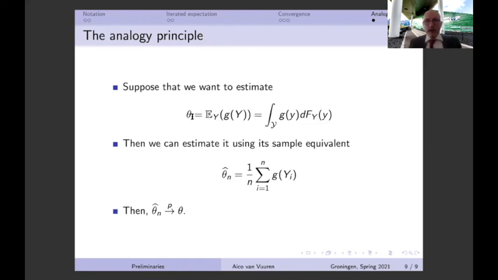If we are able to do this, it's still not directly clear how to estimate it, because this thing is not known. Even if we can theoretically write it like this, it is not known unless we know the distribution of y.